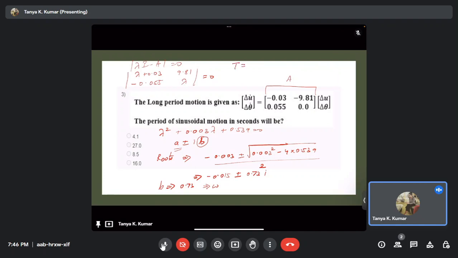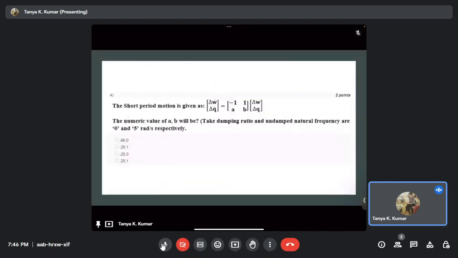So time period is 2 pi by omega, right? So you have 2 pi by 0.73. How much is this? 8.55, correct? Seconds. Or 8.55, sorry. 8.55 seconds, correct? So this is the correct answer. Let's go to the next question.